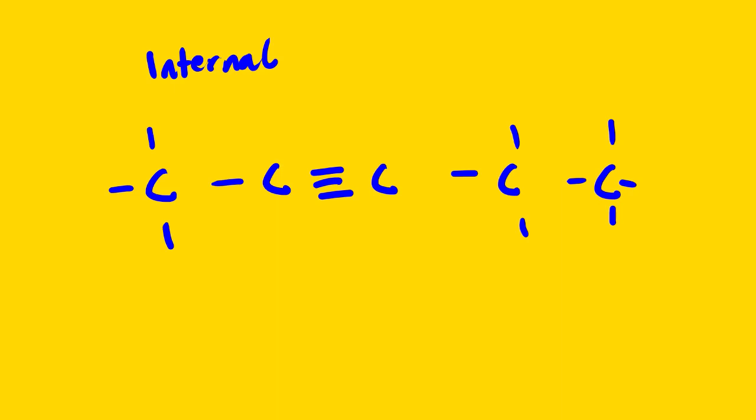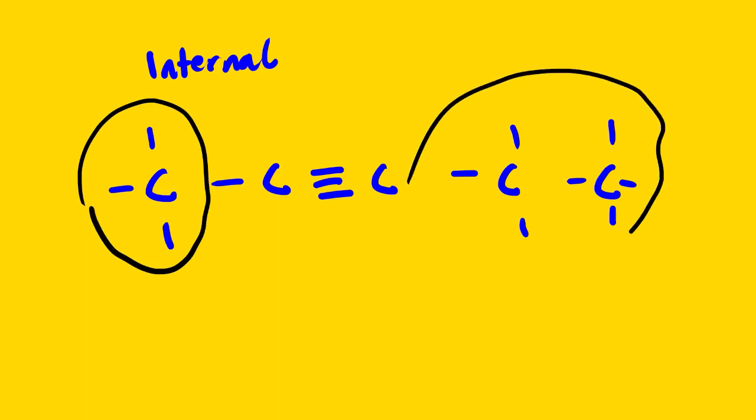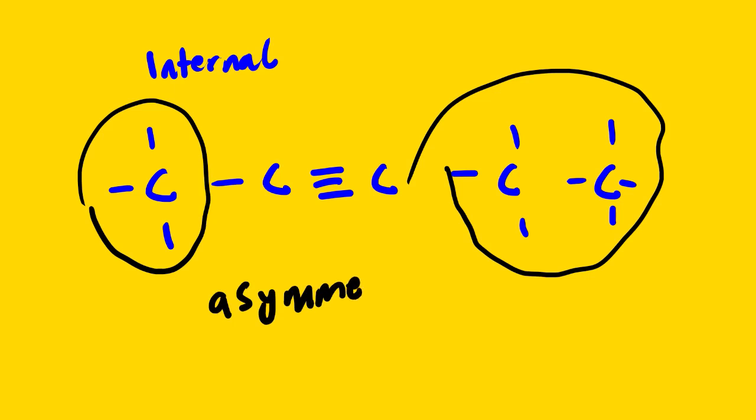But let us look at the type of internal alkyne we have. Look at the left hand side and the right hand side. We actually have an ethyl on the right hand side, we have methyl on the left hand side. So you can see that the left hand side is not the same as the right hand side. So this is an asymmetric internal alkyne.